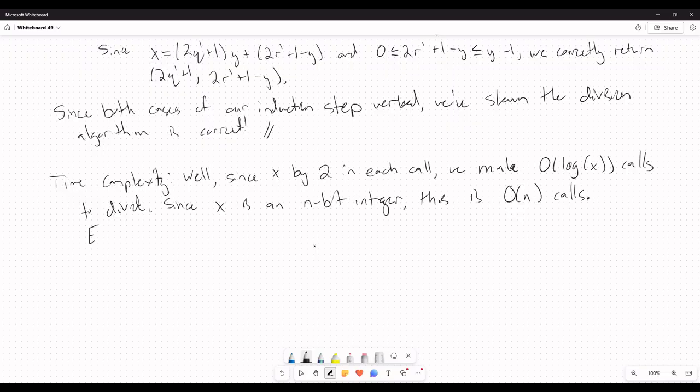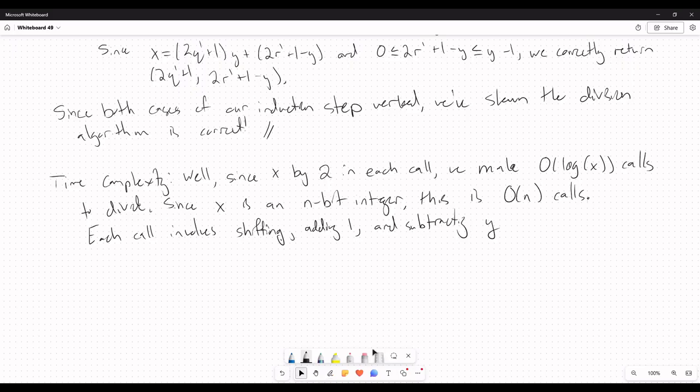Each call involves doubling, which is essentially shifting. So I'm going to say shifting, because we double things and we cut things in half. Adding 1 and subtracting y.